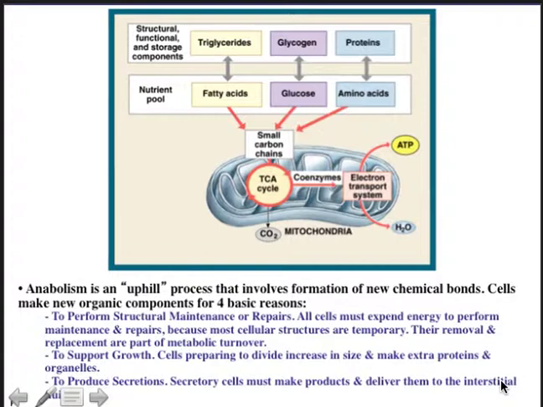So actually secretion relies on chemical potential energy in 2 facets. It relies on it to make the secretory product, but it also relies on it to propel the product into the extracellular environment. Neither one of these things would happen spontaneously.